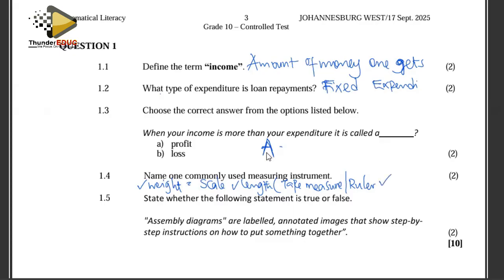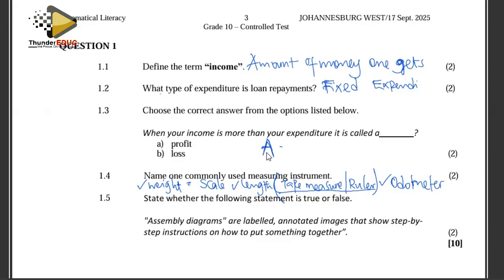Then if you are talking of distance covered by a vehicle, you will talk of the odometer. We call it the odometer. All right, all these are instruments usually used for measuring. Okay, but they're saying one commonly used, so the best answers could be ruler and measuring tape. However, they never specified which measuring they are looking at.